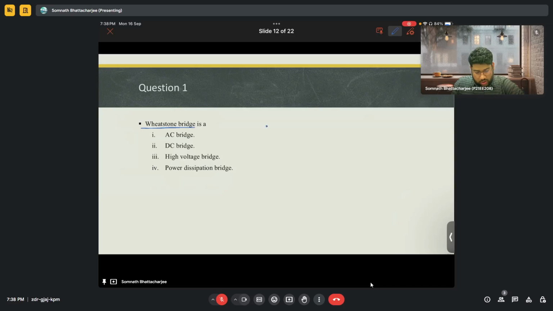So let's draw the structure again. If there is a V input in the structure, the bridge looks like this.